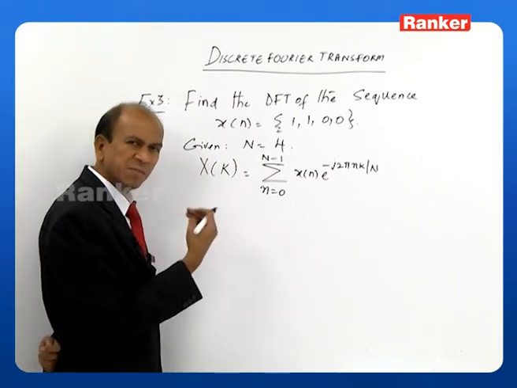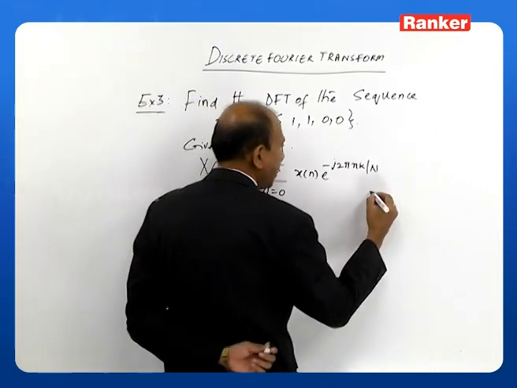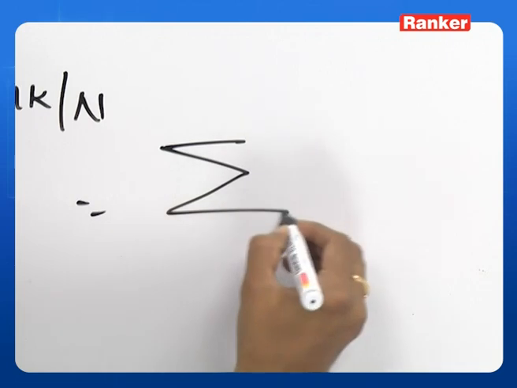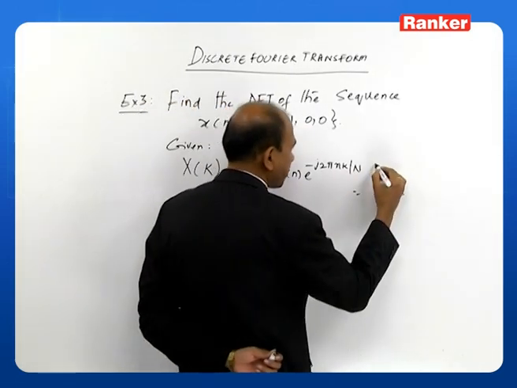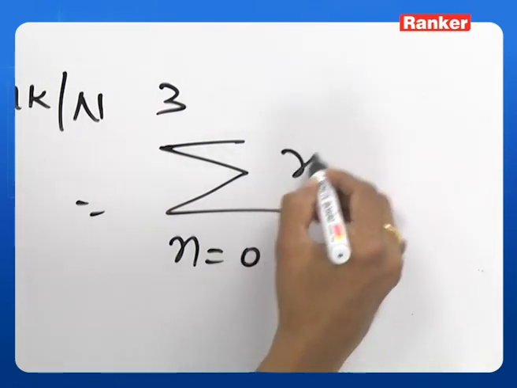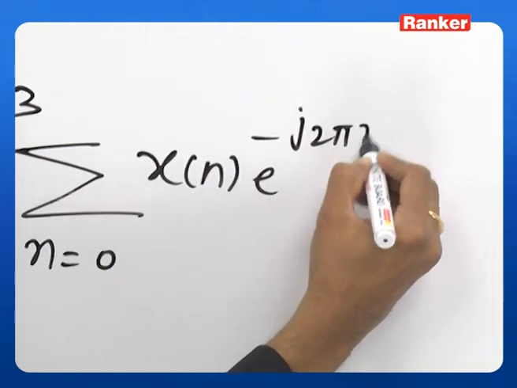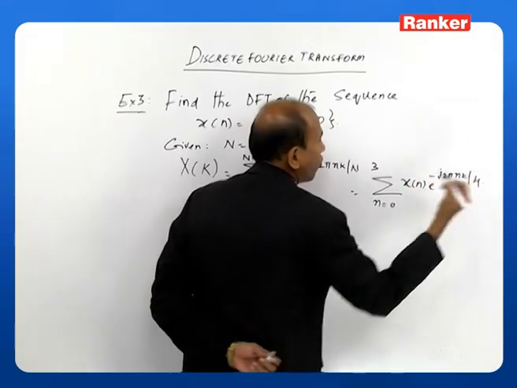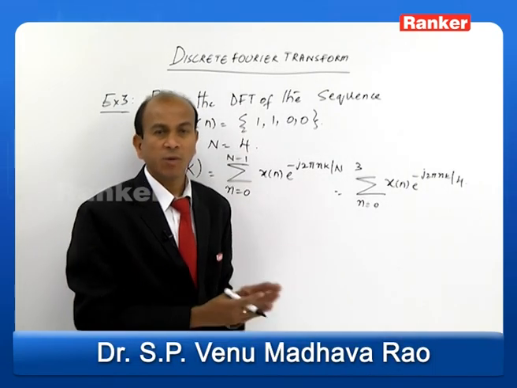Now we can simplify this a little because I know the value of N. So I can rewrite this again: n goes from 0 to 4 minus 1, that is 3, and the exponent is minus j 2 pi n k by 4. This is the formula you are going to use throughout.